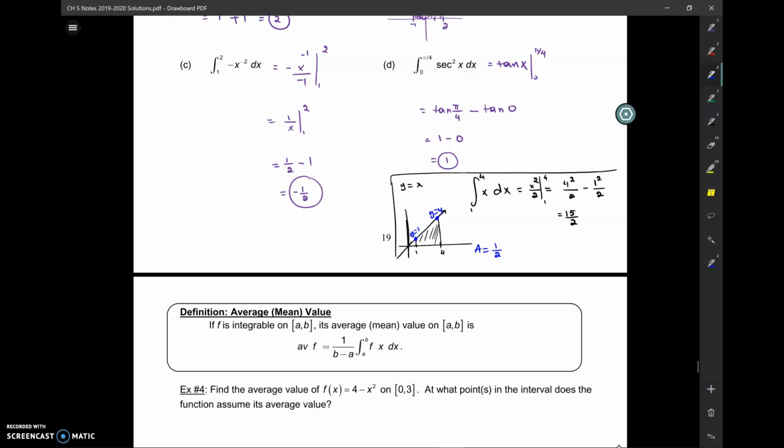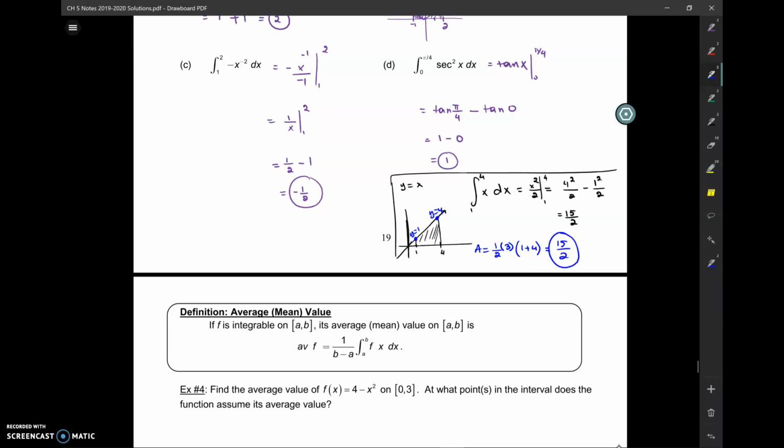At least you didn't say circle. What's the height of this trapezoid? 3, times base 1 plus base 2. Okay, 1 and 4. What is that? 5 times 3, 15 over 2, guys.